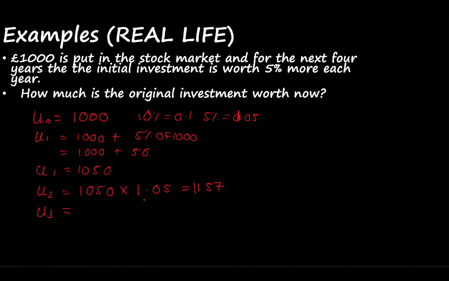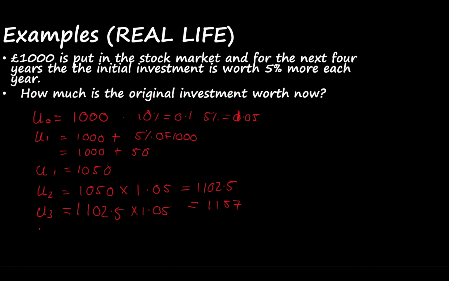Well, it's going to be equal to whatever the value was last year, which was £1,102.50, and then you take that value and put it here, 1,102.50 times 1.05, and that equals 1,157.